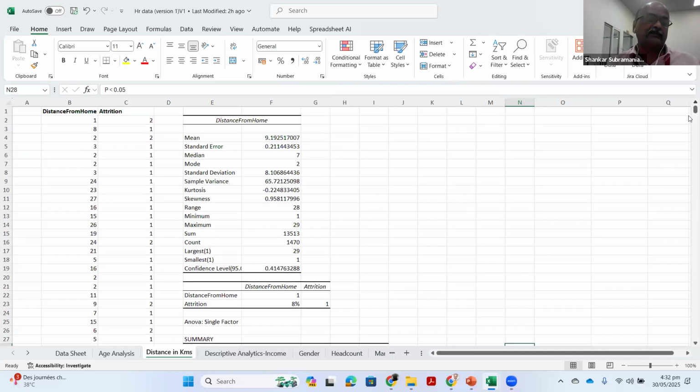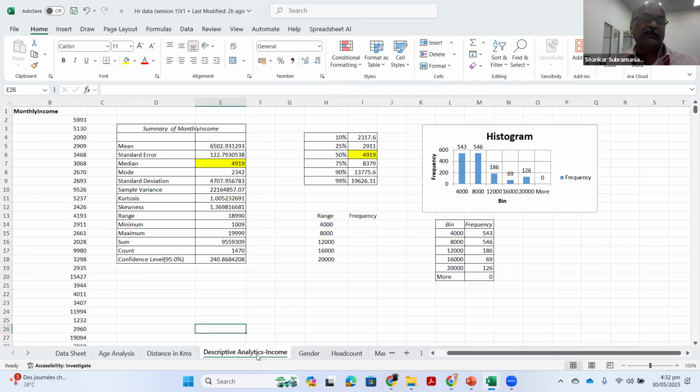So like this, you can use partly descriptive and partly inferential statistics to draw inferences and look at what the data is talking about. Next, if I'm going to look at the income, I do similar testing. I see the mean is around 6502. Here the range is important because you see the minimum is 1000 and the maximum is 19,000. So you have a whole stretch.